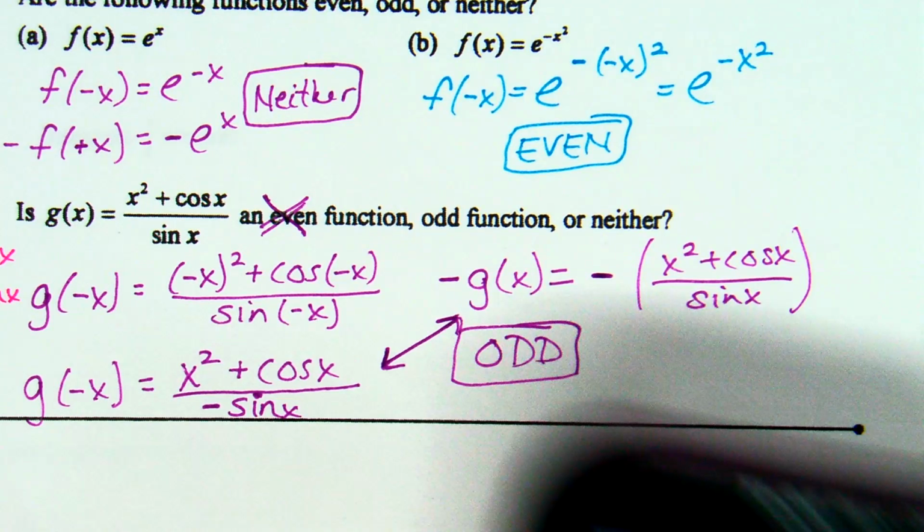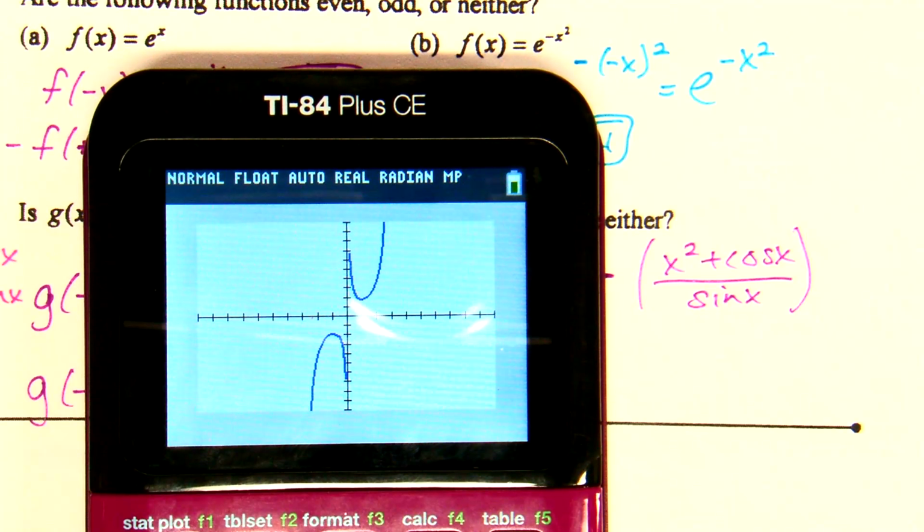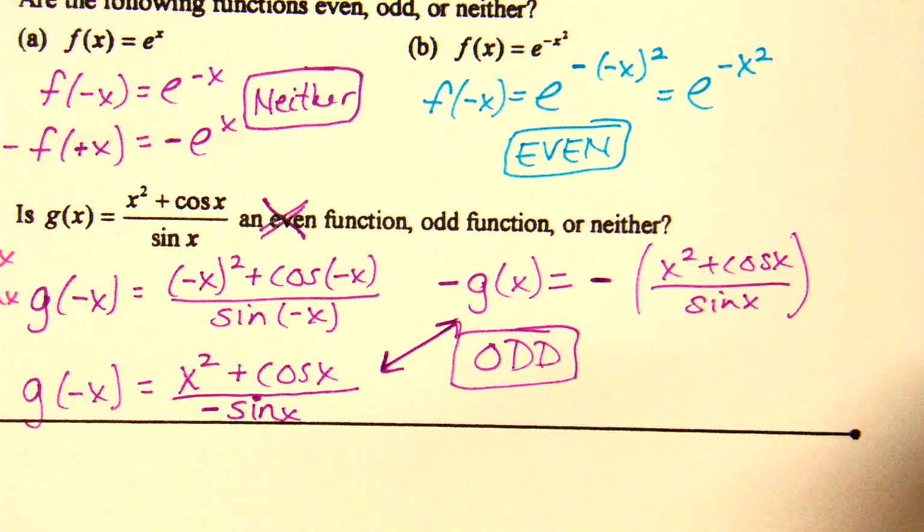Now I should have gone for a radian one. There we go. Wow, my calculator is slow motion. Okay. It's still working, but that's all we're going to be able to see. Does that make sense that we said odd? Yeah, we could flip that upside down across and it would match up.